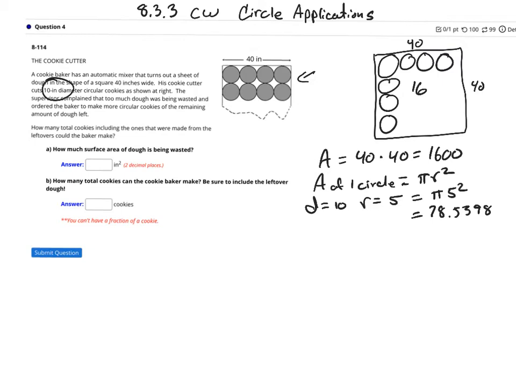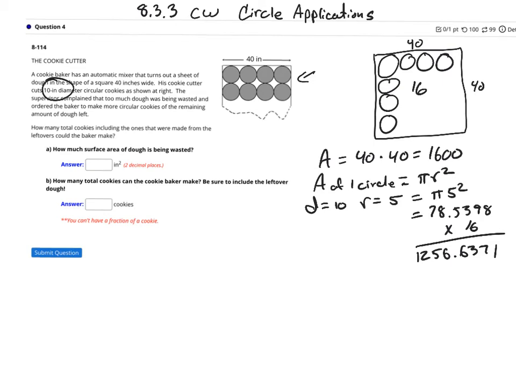Since there's 16 cookies, I need to multiply this by 16. And when I do that, that's going to give me 125.6371. So that's the amount, or that's the area that the cookies will make up. So I need to do a little subtraction.